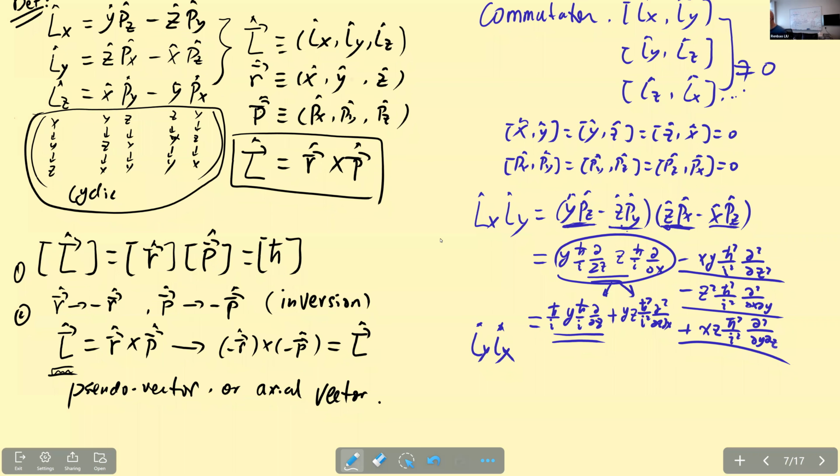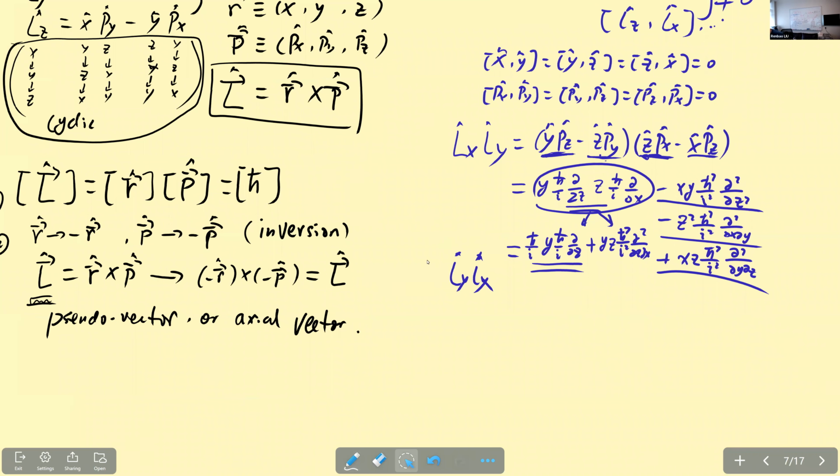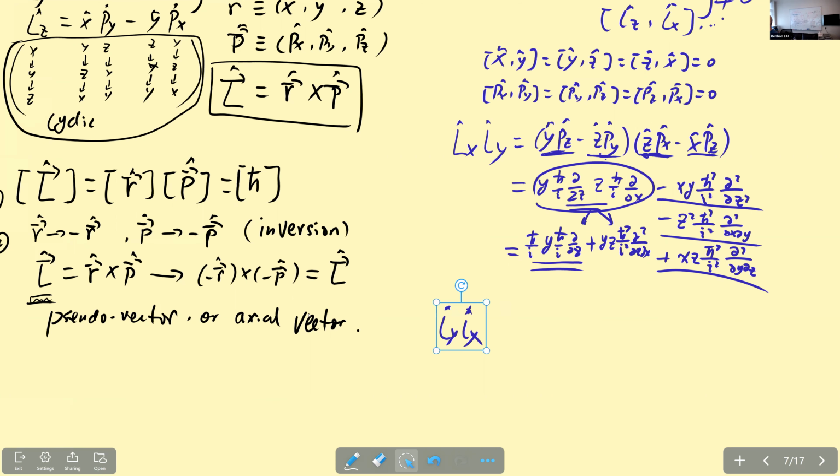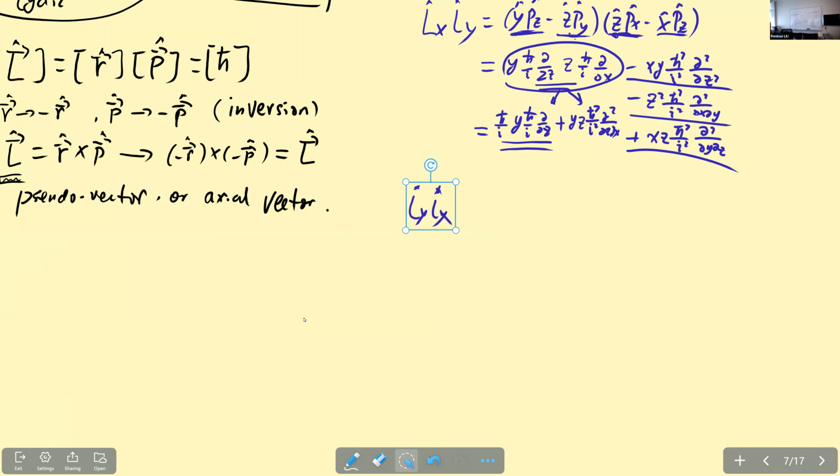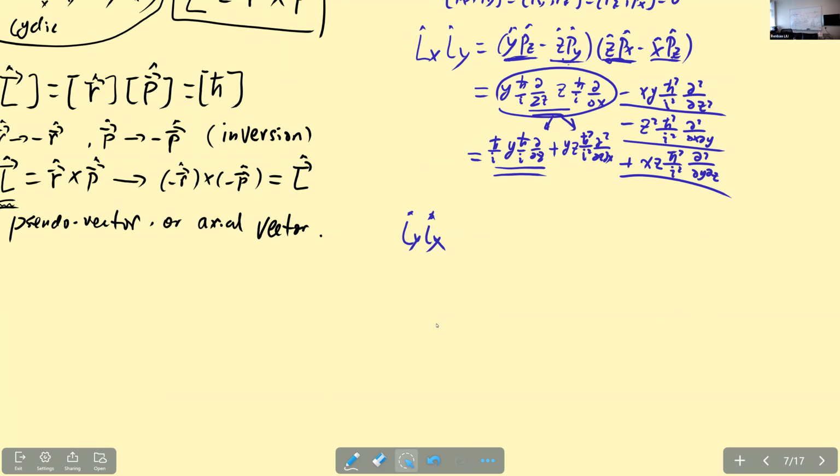Let me do this. Okay, let's move this one down a little bit. Okay. Let's compare this. Look at this one. This one will equal to, just change the order, that will be Z Px minus X Pz.